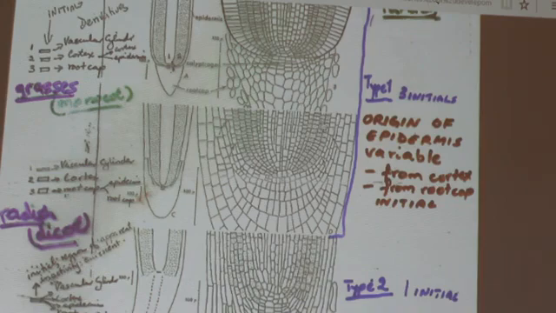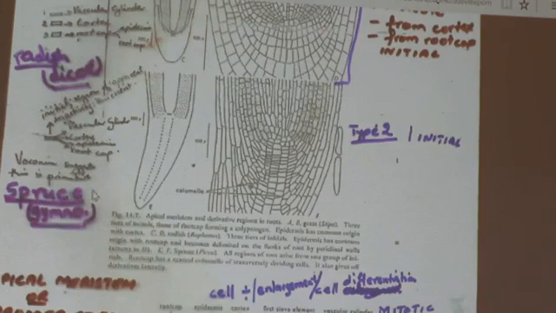We observe two types of theories. The first theory, which I've called type 2, I'm starting with it because it goes to the single initial in the meristem. Now, if we had sectioned a growing root, we wouldn't see this kind of diagram. This diagram is an interpretation of what you actually see.